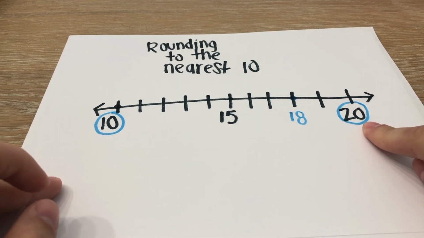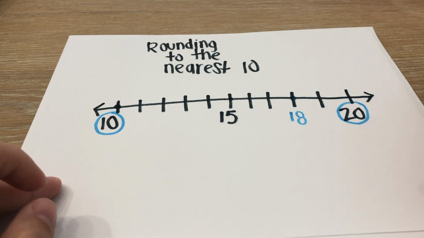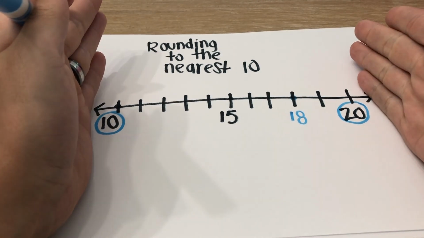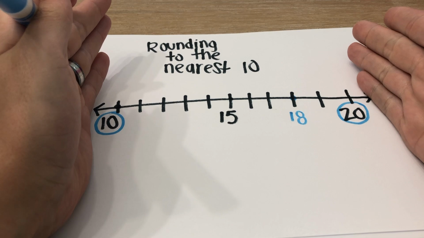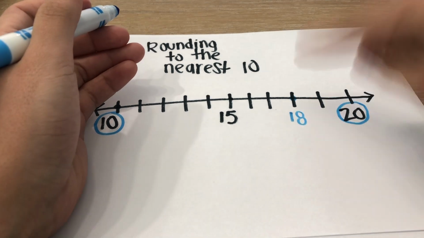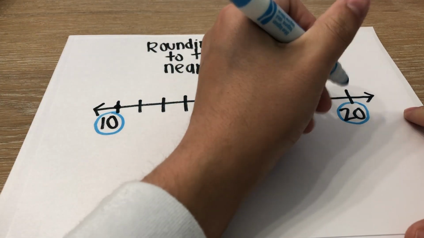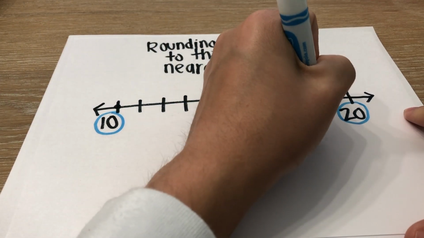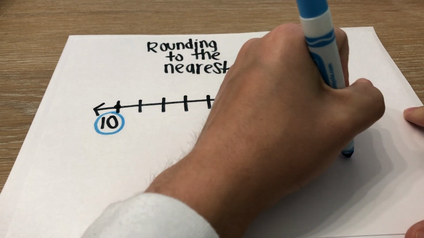I don't even have to count to see that. It is fairly obvious. Look at the 18. It is way closer to the 20 than it is to the 10. So 18 rounded to the nearest 10 would be 20. That's our answer.